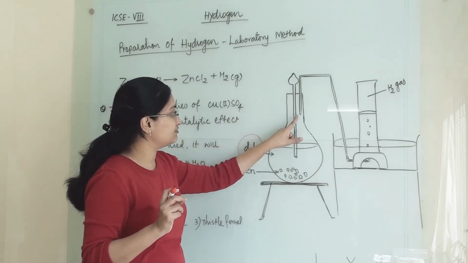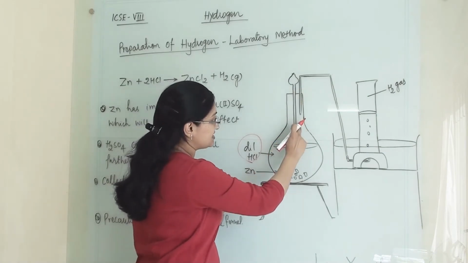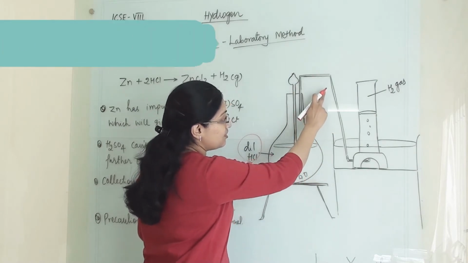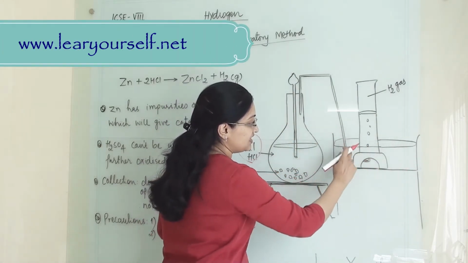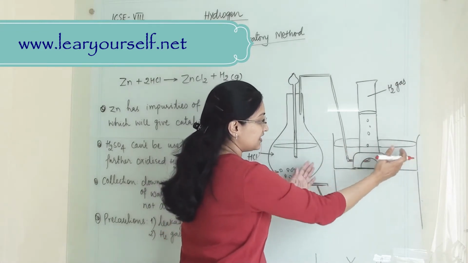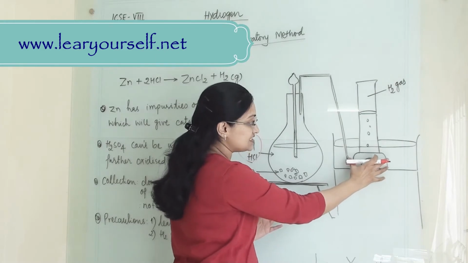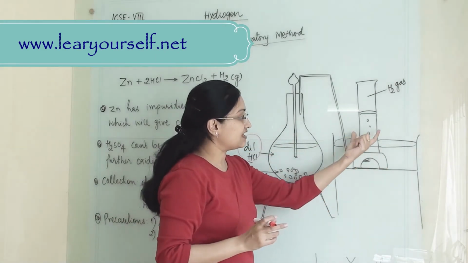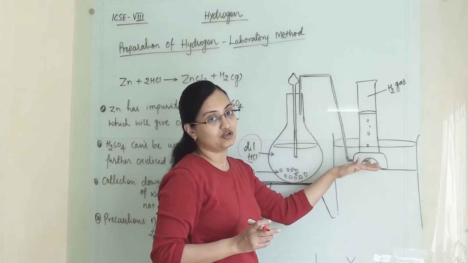Along with the thistle funnel, you can see one more gas pipe here, which is going inside. The other end of this gas pipe goes directly to this assembly. This is a water bath. Into that I have placed a gas jar. This gas jar is meant to collect the gases. Here we are collecting hydrogen gas via downward displacement of water.